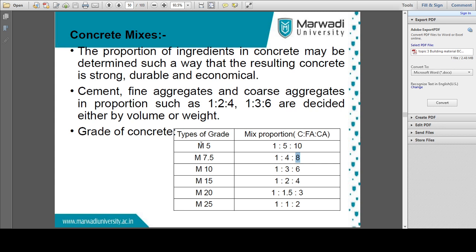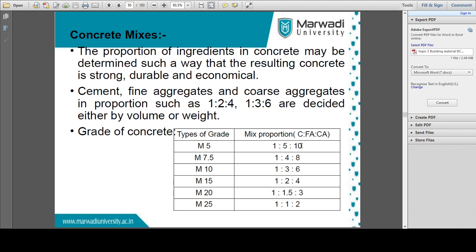So similarly we need to cram this entire grading system, and for that I have given one short key, that we are starting with 5, 7.5, 10, 15, 20, 25, and the first proportion is 1. Then we are starting from bottom, so at the bottom it will be 1. Then we are increasing the proportion from 1.5, 2, 3, 4 and 5, and at last we are multiplying the second proportion with 2.